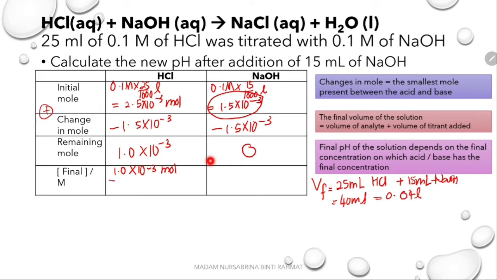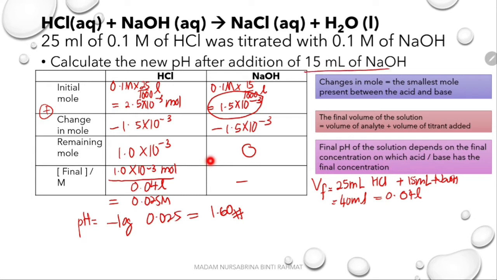Dividing by 0.04 liter, you get the final concentration to be 0.025 molar, and it is HCl. So pH equals negative log 0.025, which is 1.60. The new pH after addition of 15 milliliters of NaOH is 1.60.